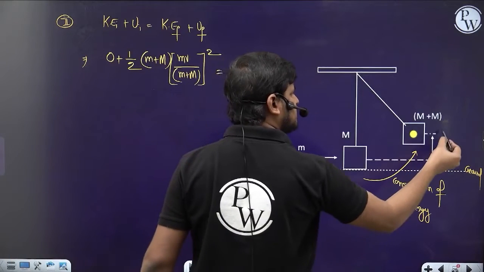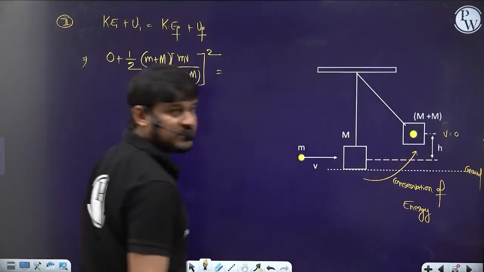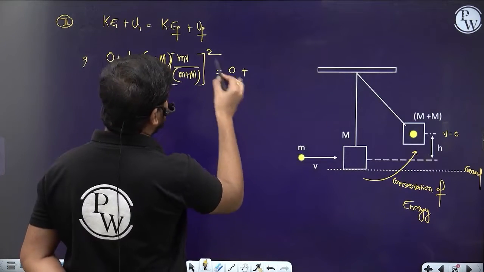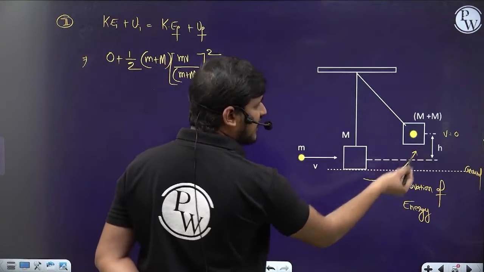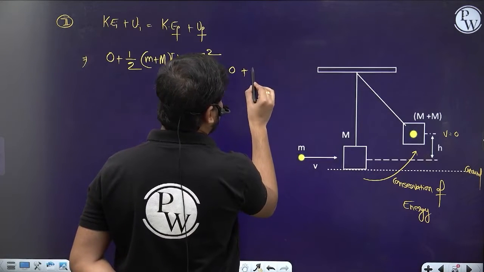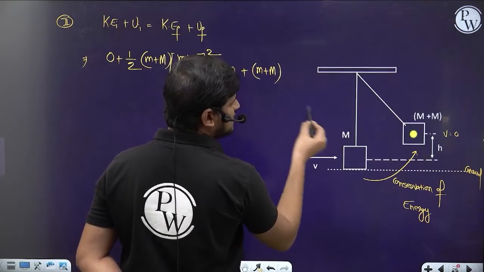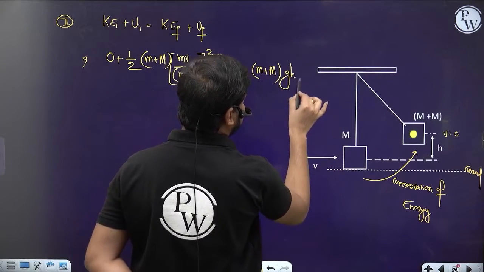After rising to some height, its velocity will become 0, so its final kinetic energy is 0. And what is the final potential energy? It rose to a height of h from the ground, so what is the total mass? M plus m into g h, h is the height, yes or no, mgh.